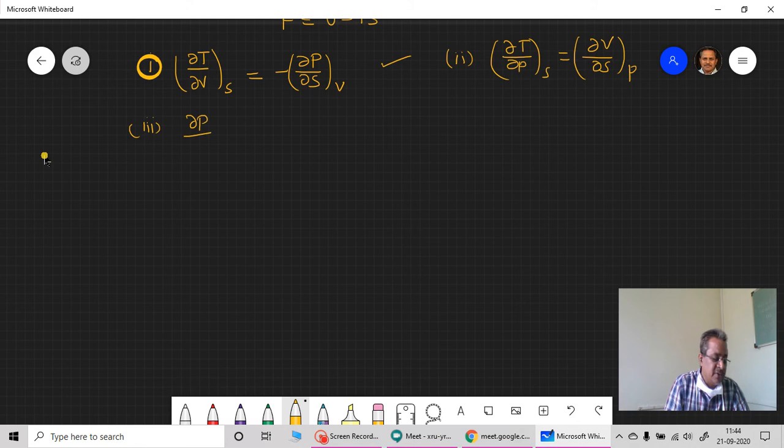So partial differentiation of pressure with respect to temperature keeping volume constant is equal to rate of change of entropy with respect to volume. This will come to be, I think, temperature. And fourth thermodynamic relation, इथं पण पुस्तकात चूक झाली आहे.